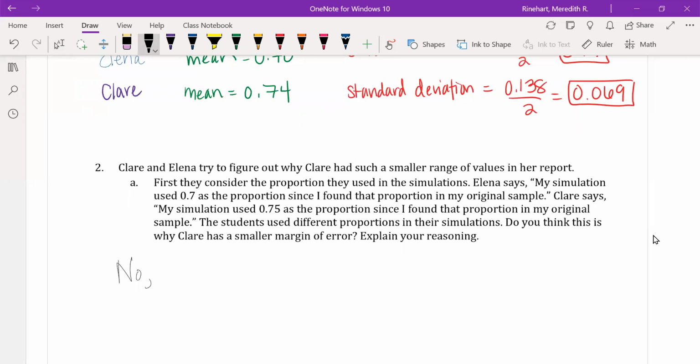So different populations would change the mean, but they wouldn't change the margin of error very much.